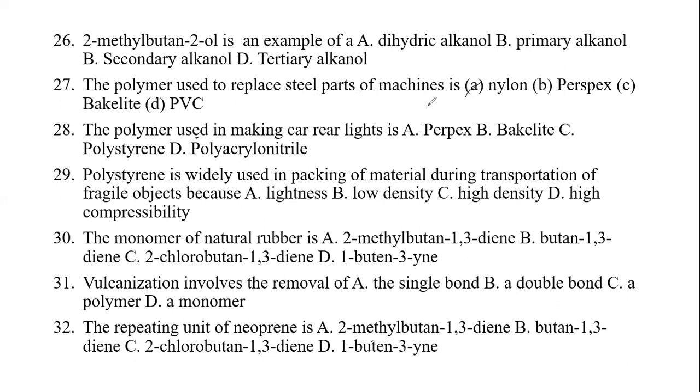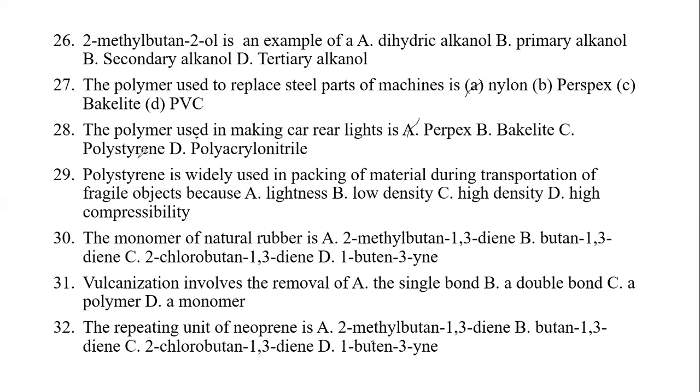Number 28 says the polymer used in making carrier lights. As I said earlier, that is perspex. Light polystyrene is used to make ceilings and also for making material used in packing fragile objects.